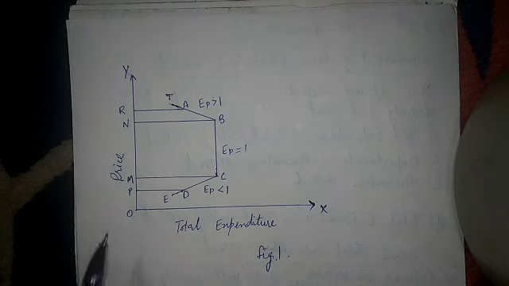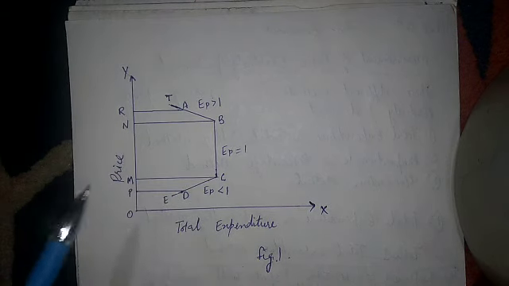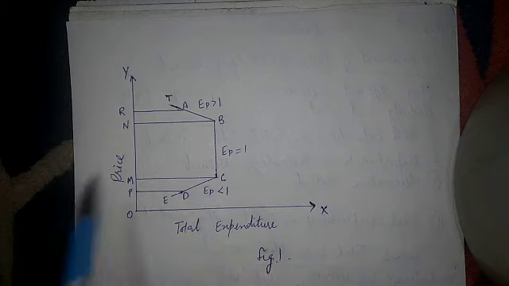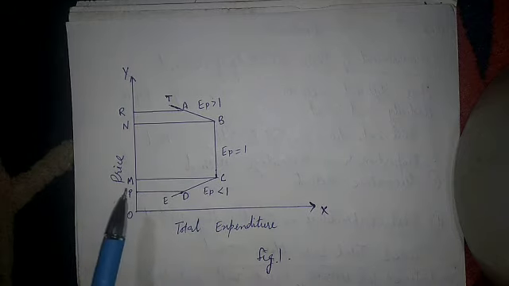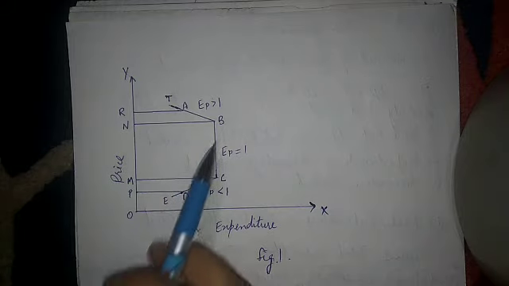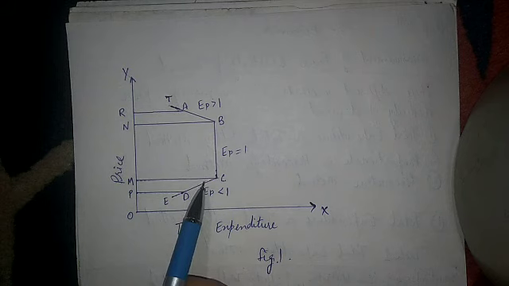The price is shown on the OY axis and total expenditure is shown on the OX axis. TE is the total expenditure curve. The BC part of the total expenditure curve represents unitary elastic demand.